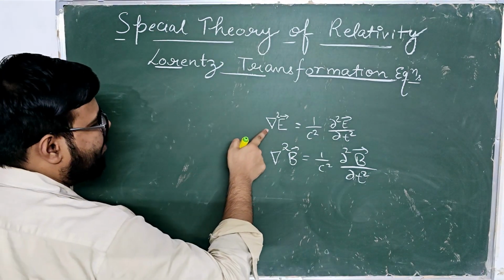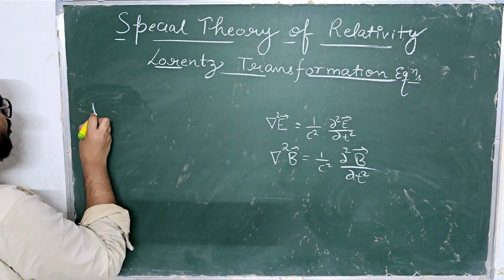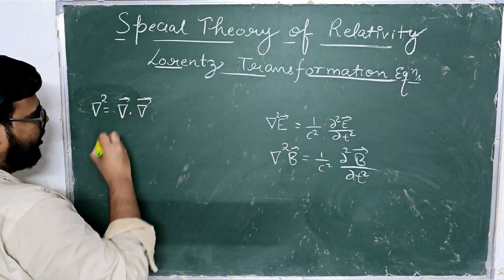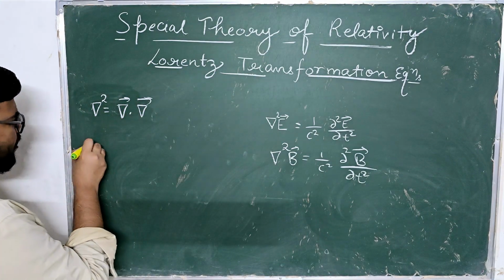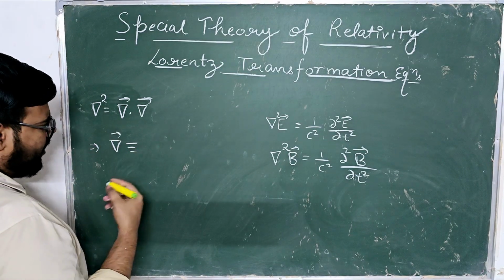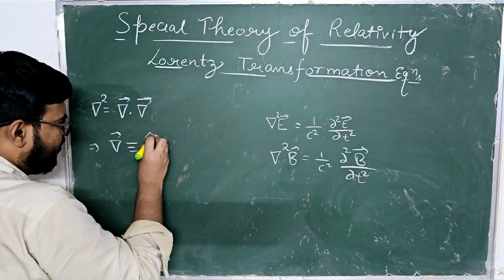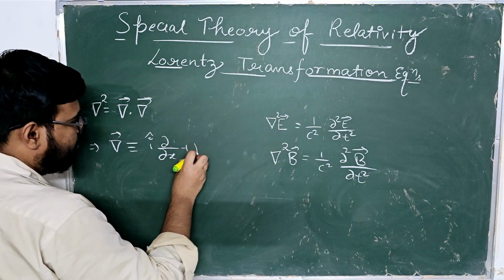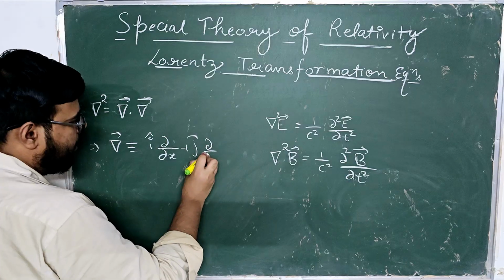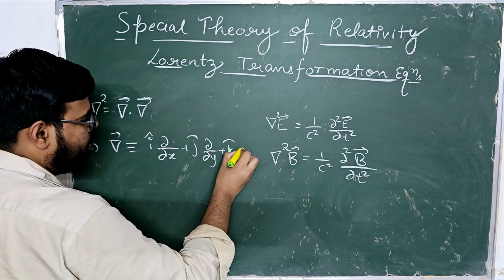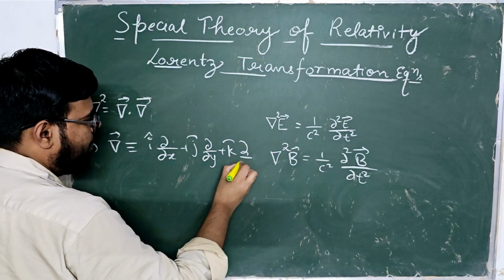Nabla squared is actually the dot product of Nabla with itself. We know that Nabla is i vector del by del x plus j vector del by del y plus k vector, k cap actually, del by del z.